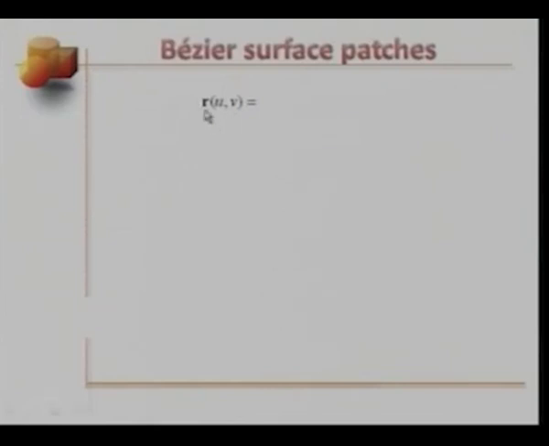Okay, so the patch as a function of u and v will be given by summation, index i going from 0 to m, index j going from 0 to n. These are two different degrees along u and v respectively, times r sub ij. This is where the designer would come in the picture.